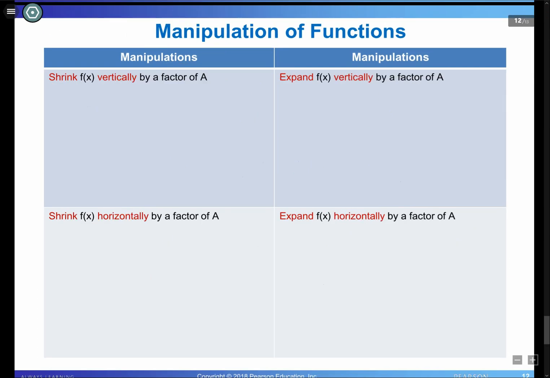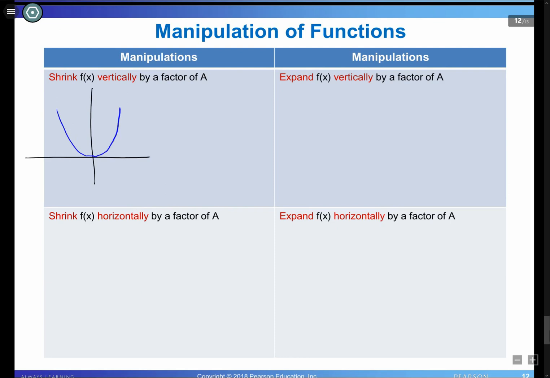What about shrinking vertically? Okay, let's take a look at this one. We have lots of versions here. Shrinking, what does that mean? Shrinking vertically. Let's draw. To make it clear, I need to draw everything. The original one, the parabola.